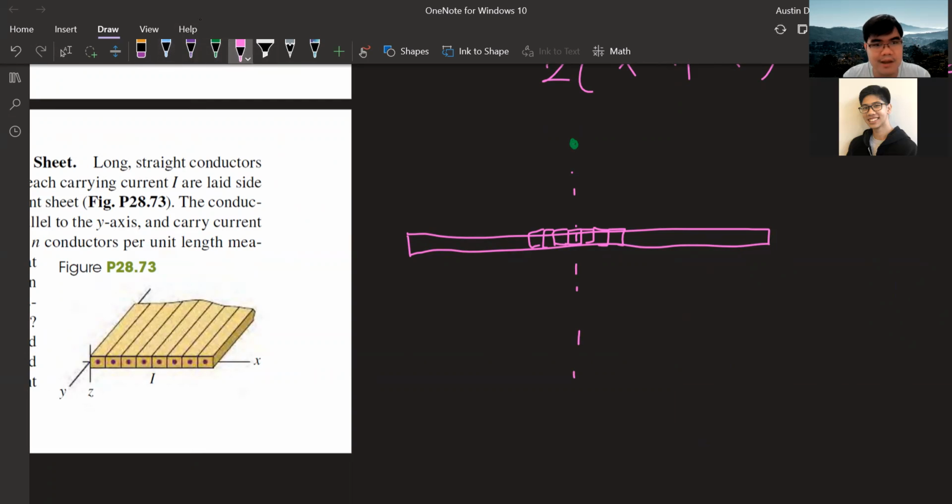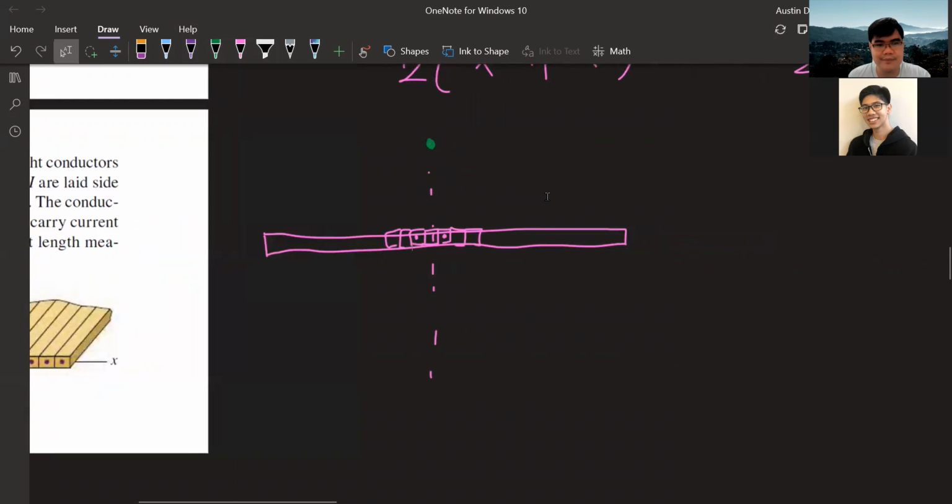Okay? So you have two neighbors, one to the right, one to the left. And the current is going out of the page. Therefore, the magnetic field produced at that point, at the green point, is going this way.